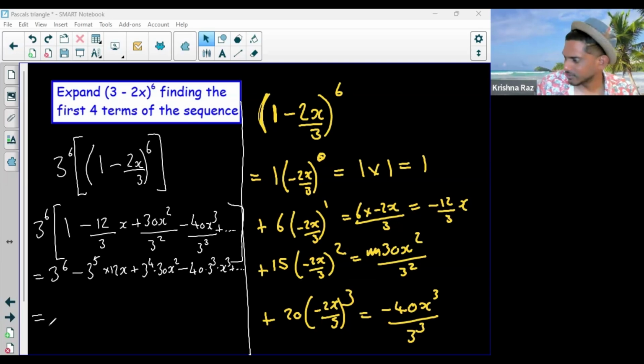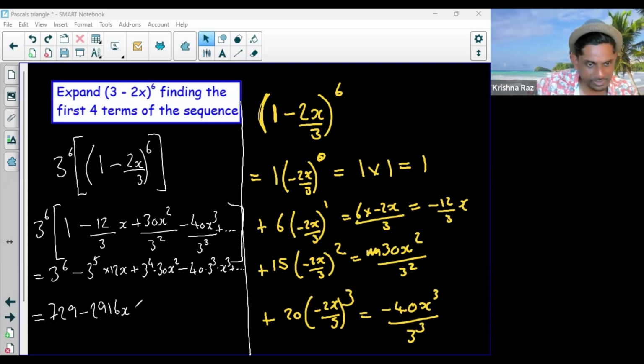So now we just get the calculator out. 3 to the power of 6 is 729, minus 3 to the power of 5 times 12, which is 2916 x, plus 3 to the power of 4, which is 81, times 30, 2430 x squared, minus 27 times 40, 1080 x cubed.